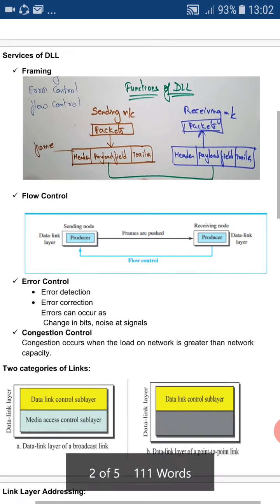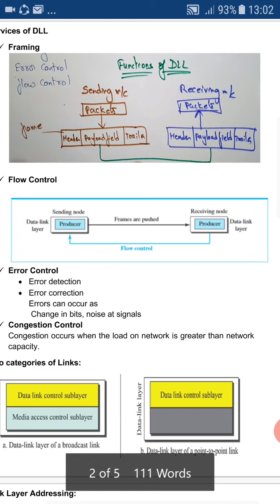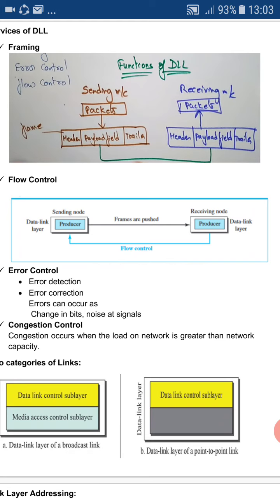We'll move to the second service of the DLL, that is flow control. First let us see what flow control means. The process of managing the rate of data transmission between two nodes to prevent a fast sender from overwhelming a slow receiver is known as flow control.